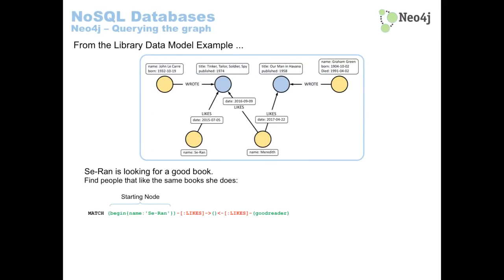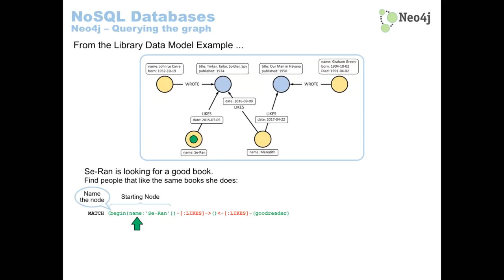Now, this may not be a unique node, maybe a set of nodes, but that's okay. And we're going to give this node a name. We call this begin, so we can refer back to it later.